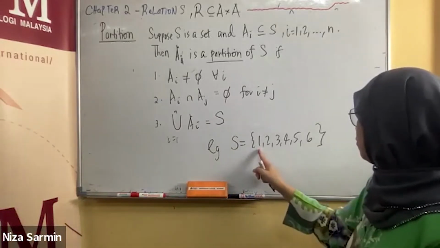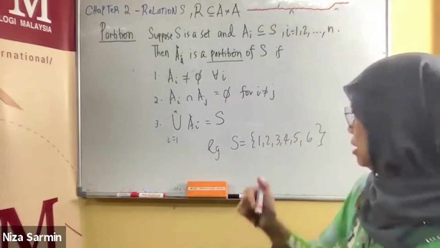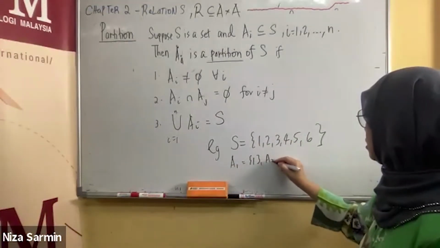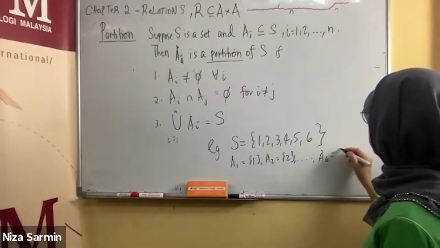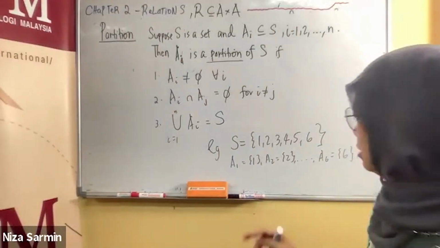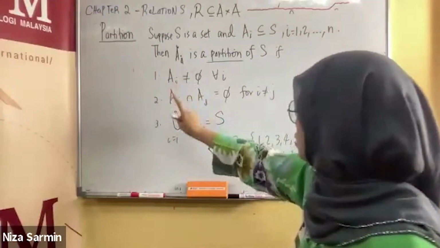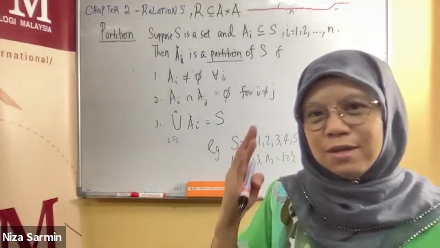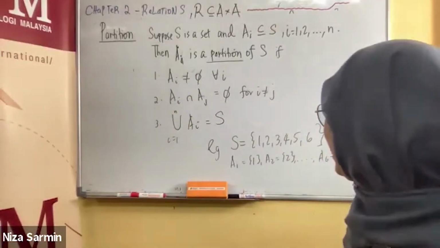If you want subsets of order one, meaning just one element inside, you can have A1 to be {1}, A2 to be {2}, until A6 to be {6}. This is the smallest subsets, 1, 2, 3, 4, 5, 6. So they are all not empty, they don't intersect. It's like cutting a cake. You cannot cut like that, and the union is the whole thing.